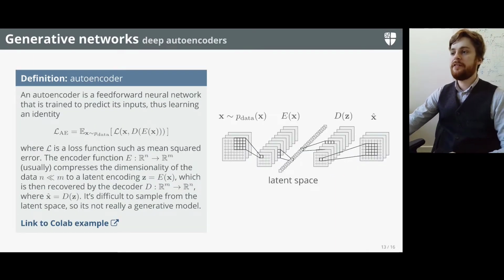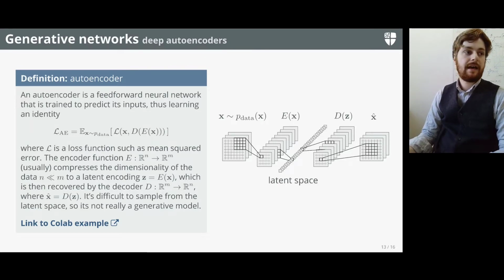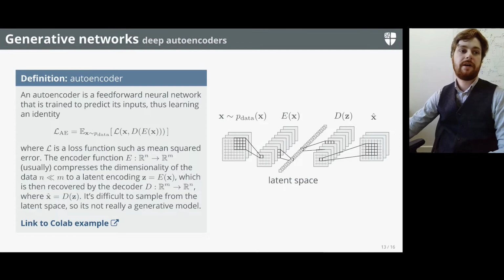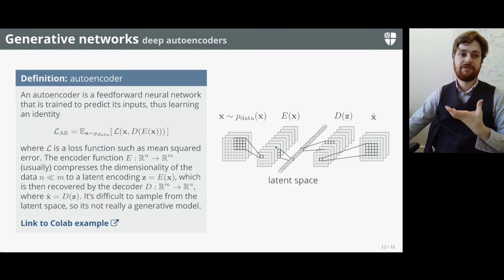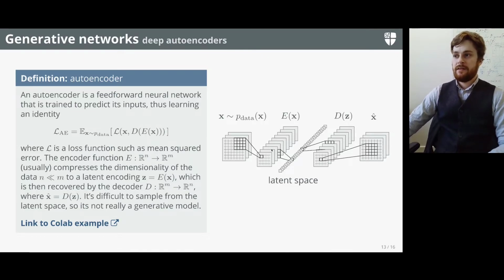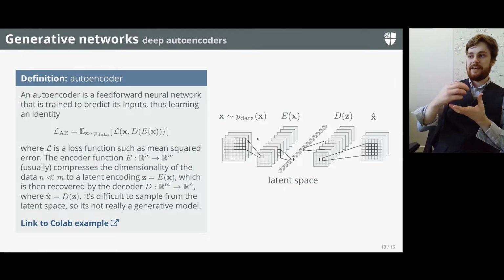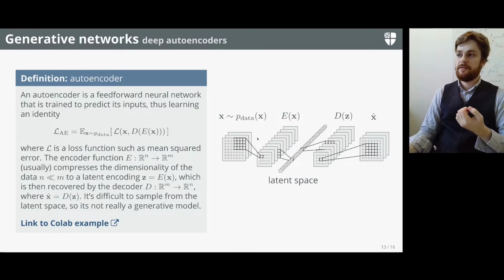Autoencoders are amongst the simplest neural networks to implement and train. It has an encoder network, E of x, and this decreases the spatial dimension of the data. Usually each layer halves the image size, and at the same time you generally increase the number of features or channels, so you double the feature dimensions.